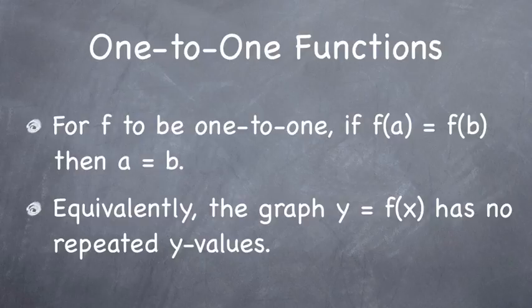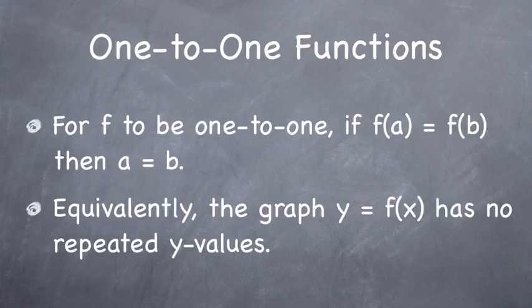If f is a one-to-one function, that means if f of a equals f of b, so if we take this function and apply it to two numbers and the resulting value is the same for those two numbers, that means the two numbers were actually the same to begin with. What this means is that the graph of a one-to-one function will not repeat any y values.